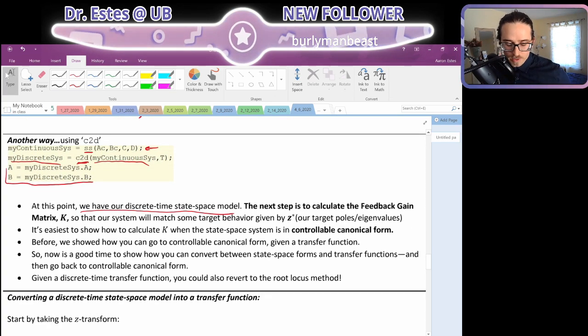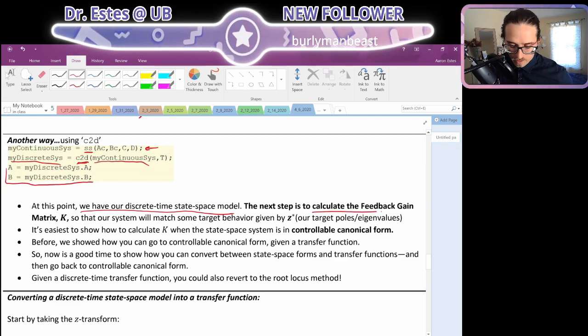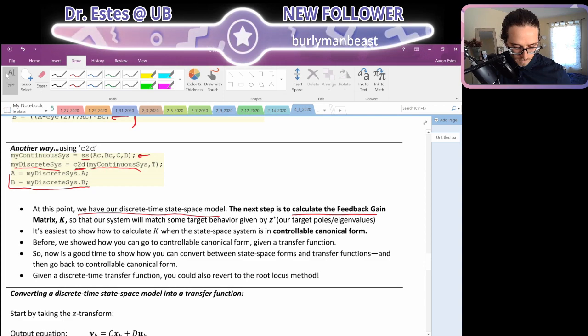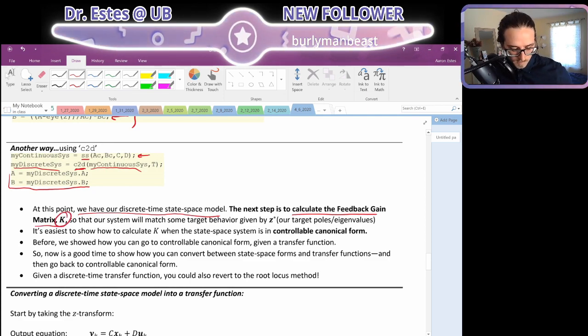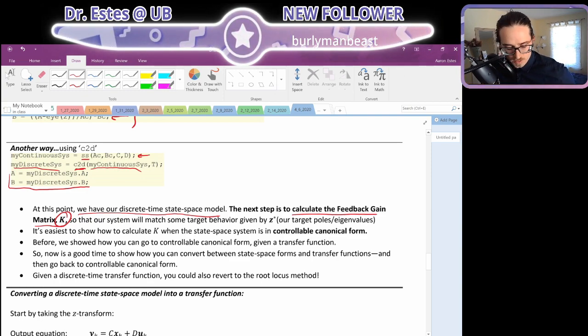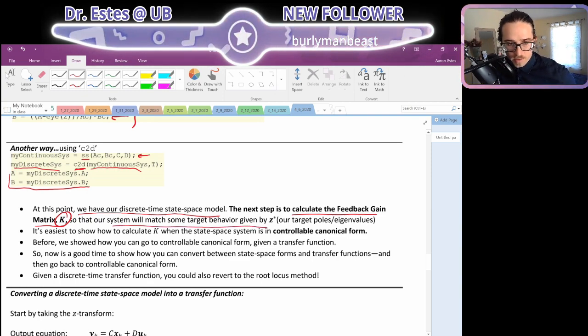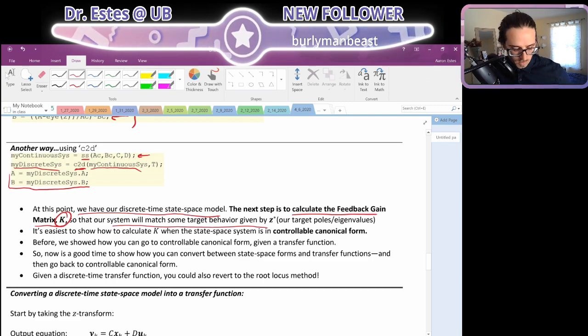When we're proceeding with this regulator problem, the next step is to calculate that feedback gain matrix, K. And you choose it so that the system will match some target behavior, like we set up above.